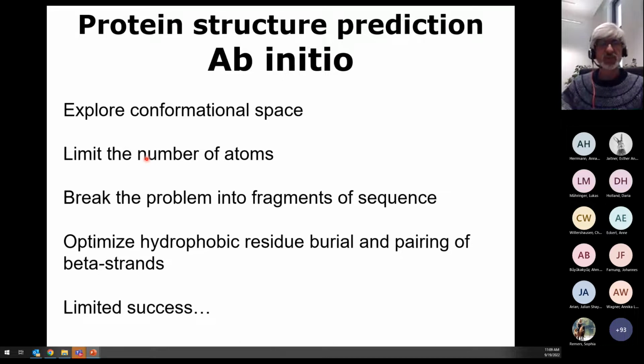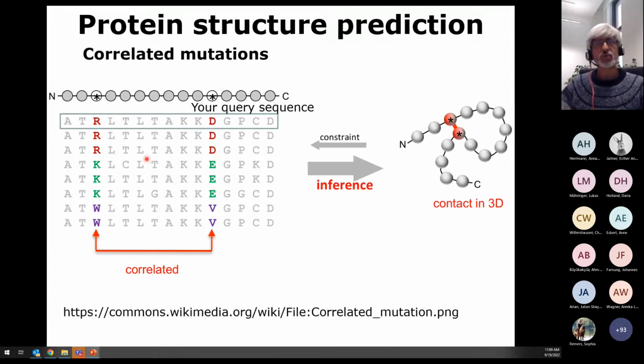But this has not been working very well. But now we have a revolution in protein structure prediction, where this ab initio prediction is combined with homology modeling, and even if you have very low similarity to homologs, with something that is called correlated mutations.